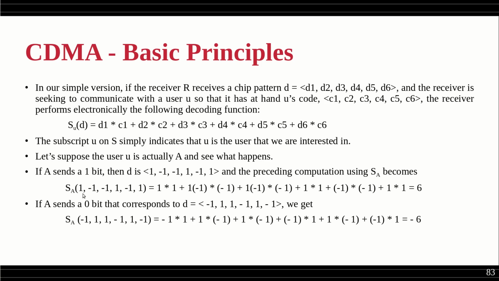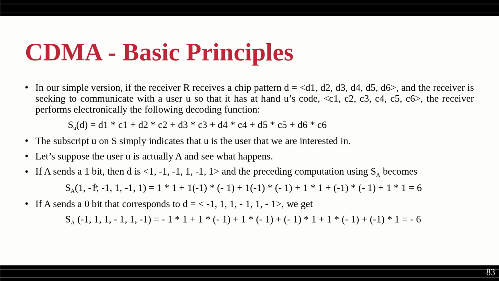Now what the receiver will do is, whenever it is receiving this, it will try to decode this information using the chip code of A. So the chip code of A is already communicated to the receiver, right? So the chip code of A and the information being received, both are the same.